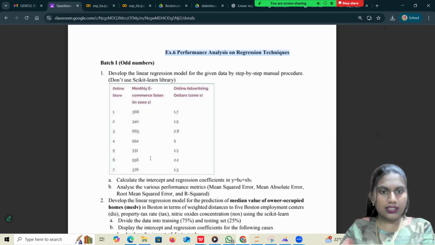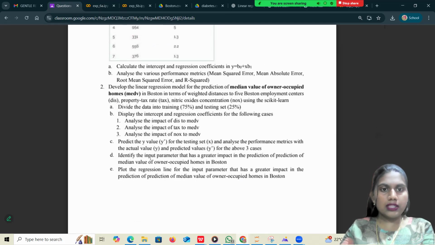Our second question is, we have to develop the linear regression model for the prediction of median value of owner occupied homes in Boston in terms of weighted distance to 5 Boston employment centers, property tax rate, and nitric oxide concentration using scikit-learn.